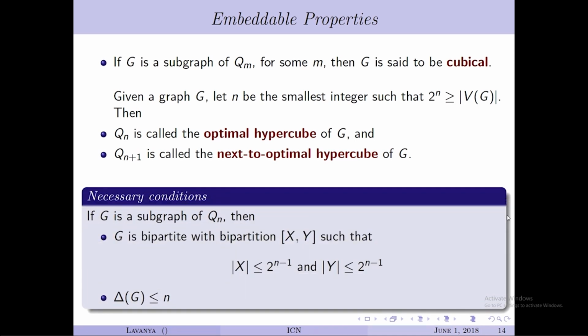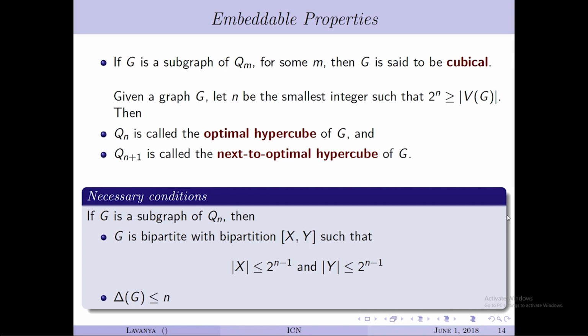So, what is the condition for a graph G to be a subgraph of a hypercube? You have seen all these properties, right. All those things should be satisfied, at least as necessary conditions, the minimum. Not all are sufficient, but if it is satisfying, then we are happy about it. The minimum thing is that our given graph should be bipartite.